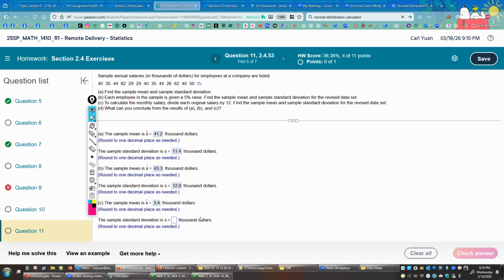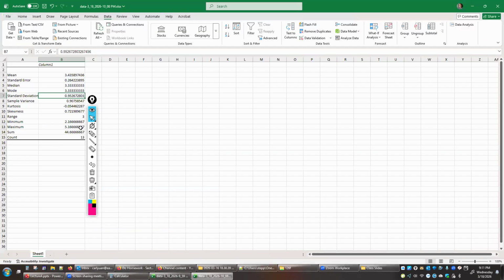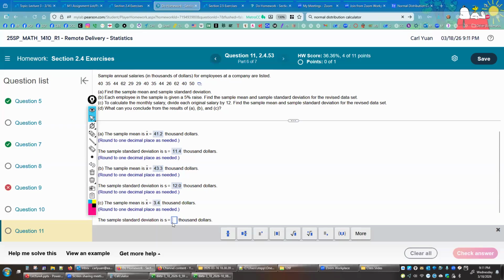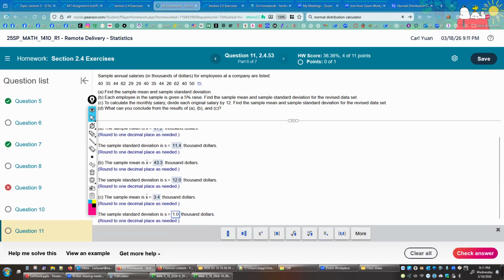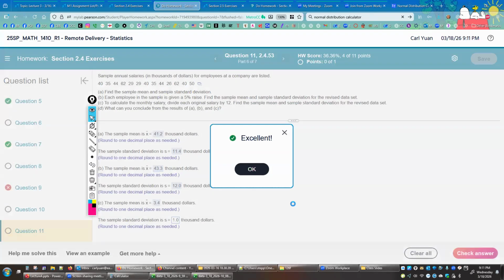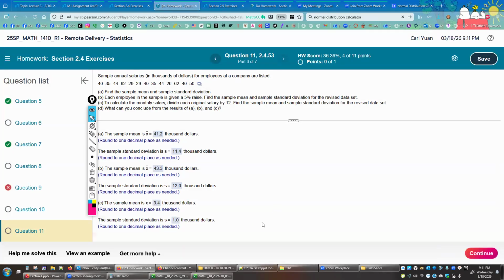And lastly, sample standard deviation would be 0.95. Let's see. So maybe I have to enter 1.0. So 1.0. All right, so that took a little bit more work than expected.